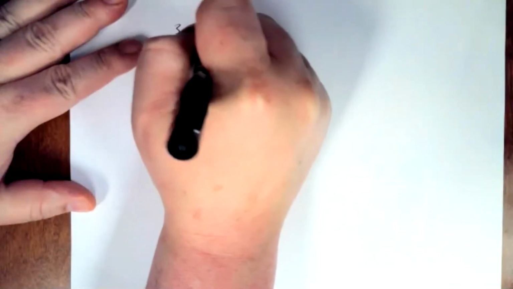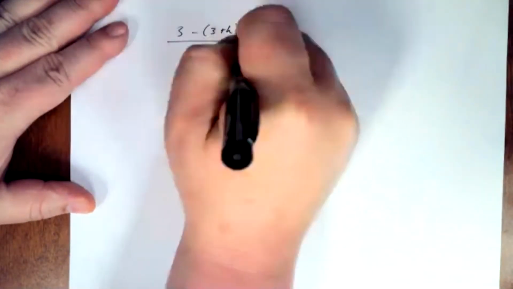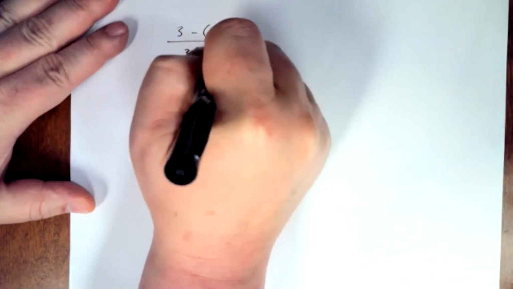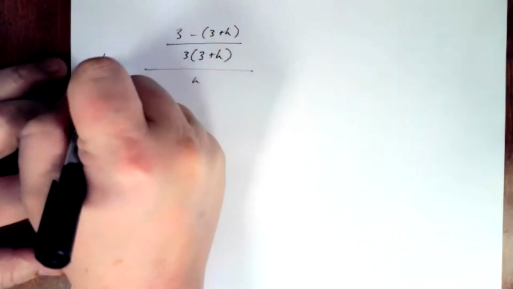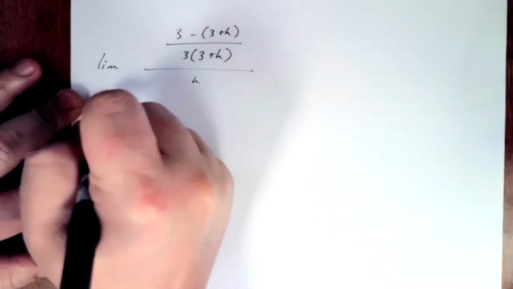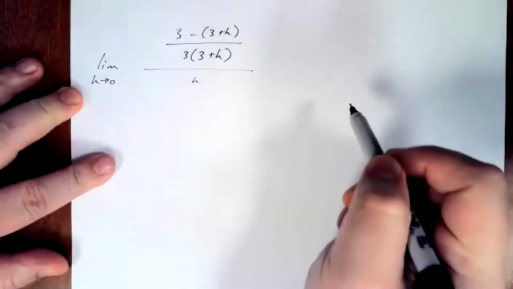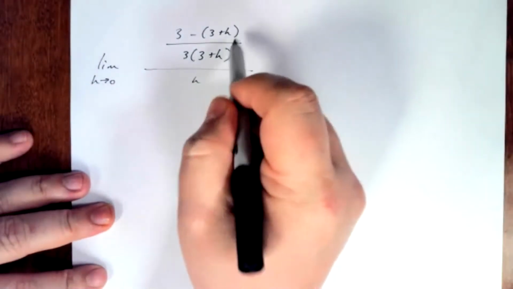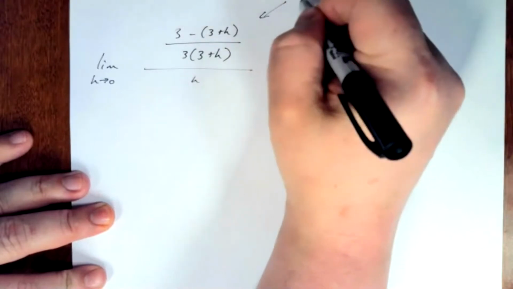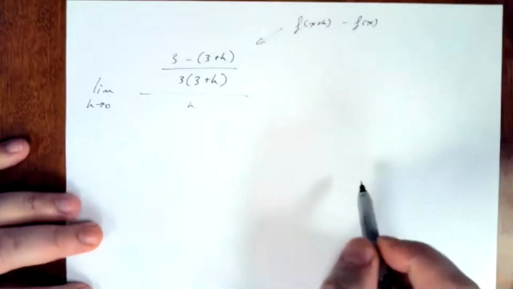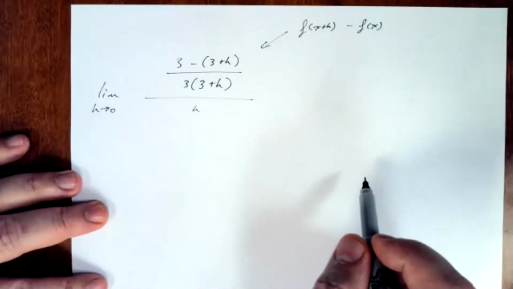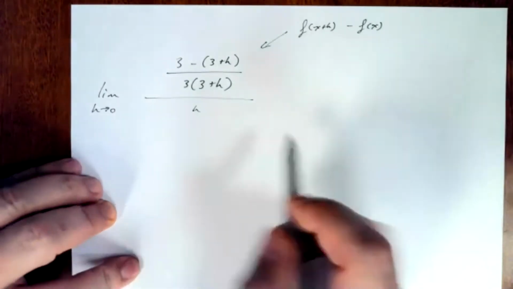So if this is supposed to be f of x plus h minus f of x, all right, break it up.